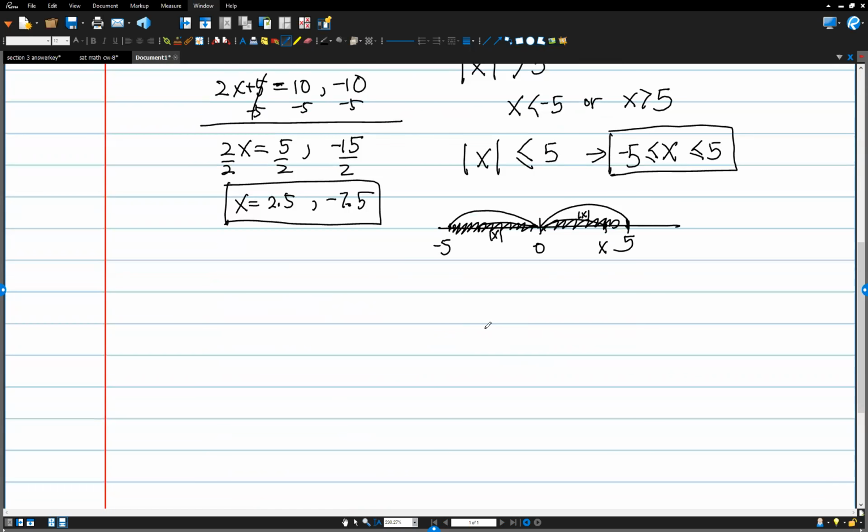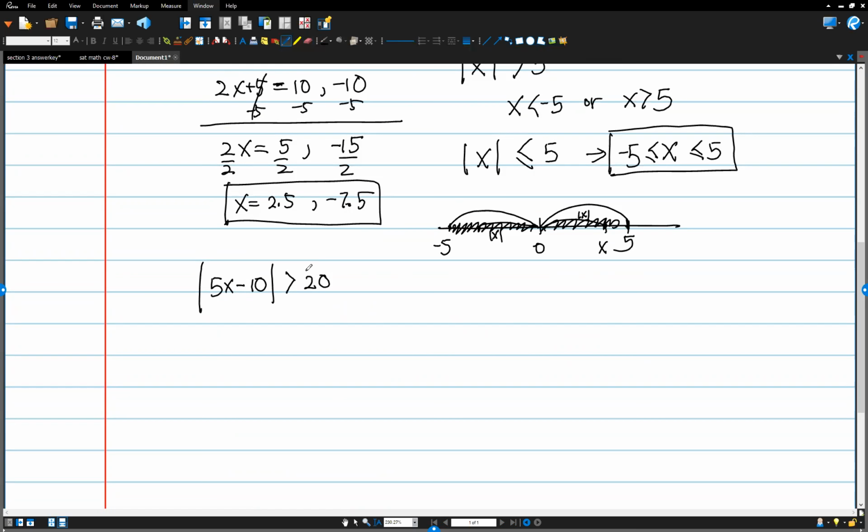For example, a little more complicated one. I have this inequality: absolute value of 5x minus 10 is greater than or equal to 20. I will solve this one. Greater than 20 means outside 20, and the other outside negative 20.